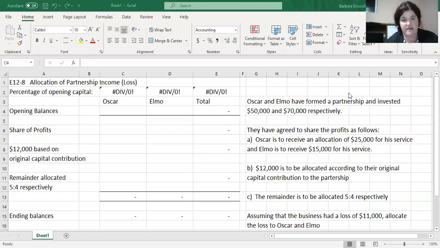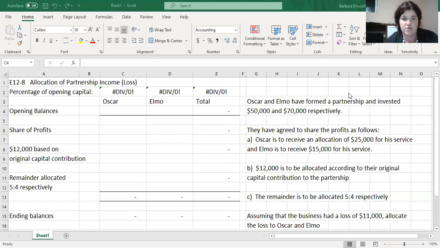Keeping in mind the allocation of income for purposes of partnership financial statements, we need a mechanism by which we can allocate the income or loss of the business to report on the respective partners' tax returns. And that is why we go through this step of allocating the partnership income.